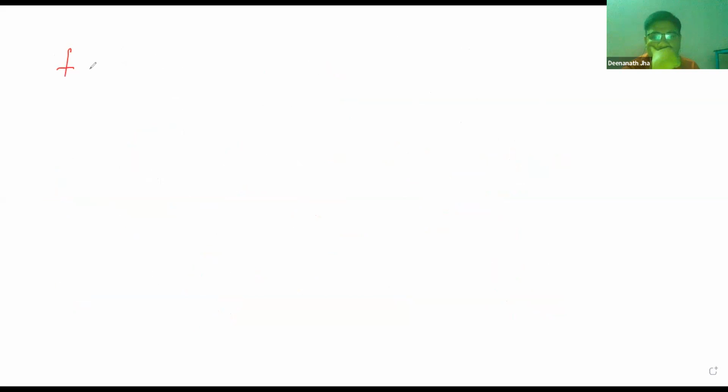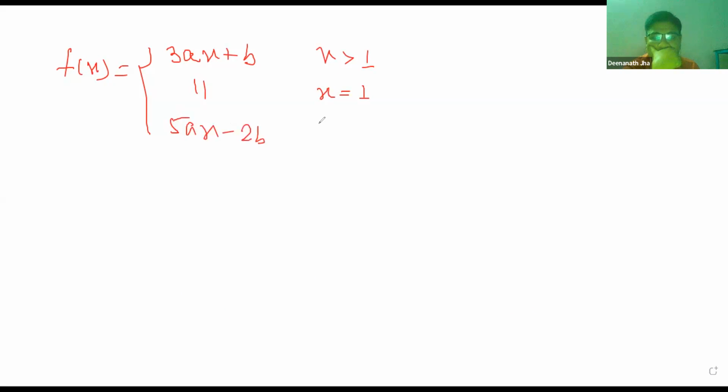If f(x) is equal to 3ax plus b, this is the NCERT question, for x greater than 1; 11 for x equal to 1; 5ax minus 2b for x less than 1.